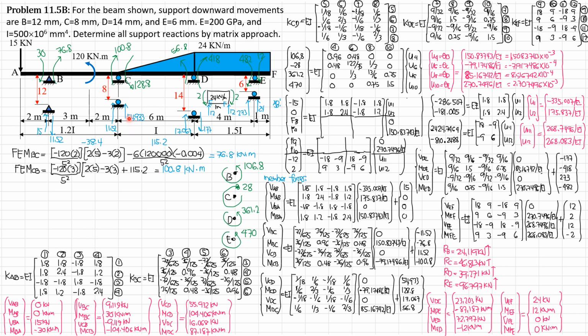Delta this time is 14 minus 8, which is 6 mm, and it is 0.006 meter treated positive.